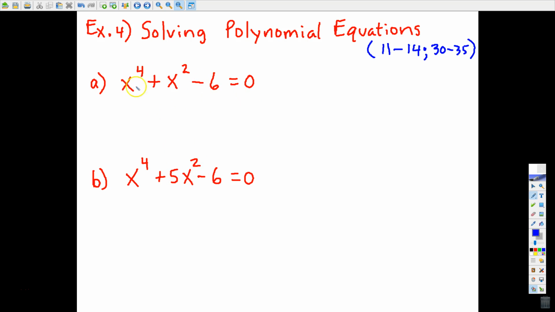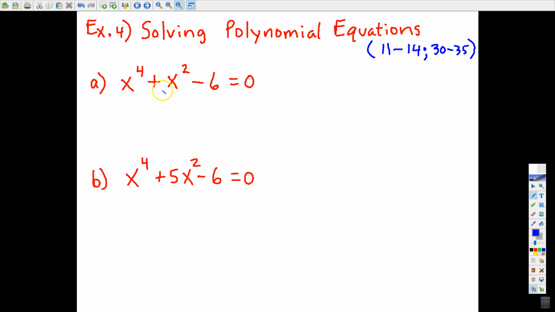Letter A represents what is known as a quartic, that's degree 4, trinomial. It's an equation, of course, so anytime you see equals, it's your job to come up with all of the solutions for x that, if we plugged them in for x, would make this a true statement.